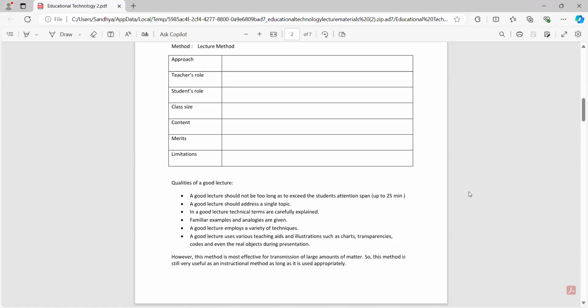Everything should be clearly explained, and made clearer by drawing examples and comparisons or analogies, and using other techniques to add on to the lecture method, like question and answer sessions, discussions, visual aids, maps, etc. Then you can minimize the limitations of the lecture method and make it more effective.